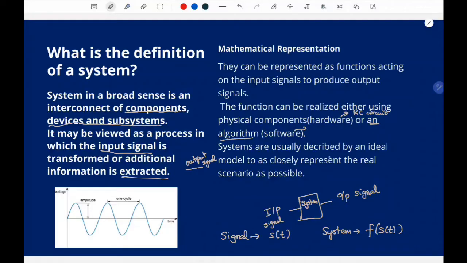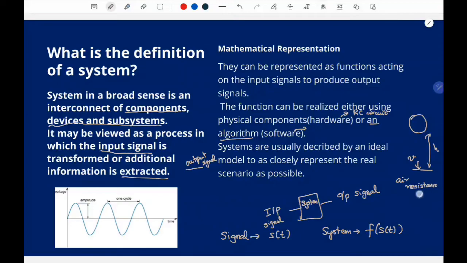And systems are usually described by an ideal model to represent the real scenario as closely as possible. So what it means is, I'll explain it using an example. If you have a metal ball and you're dropping it from a height h, you may want to find the velocity at which it reaches the ground. So while doing the calculations in physics, you usually neglect the air resistance.